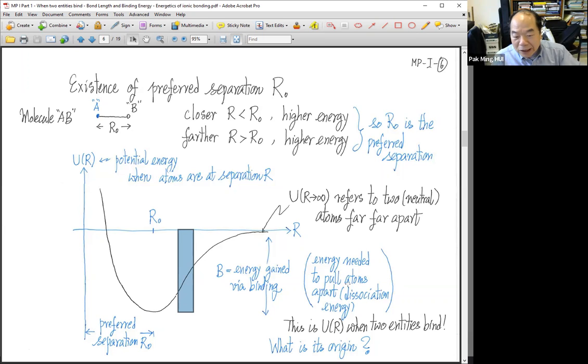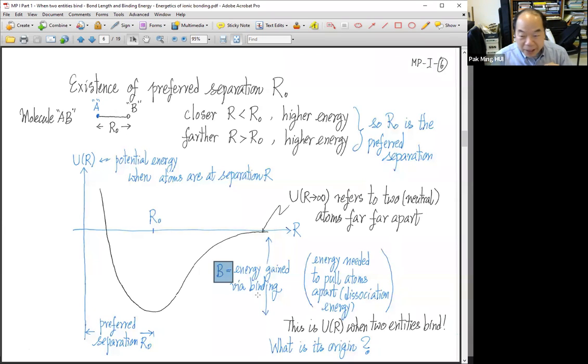This is called the dissociation energy. So dissociation energy and binding energy come together. Although conceptually they are not the same, different viewpoints. Binding energy means the two things bind and then this energy is gained or given out, right?